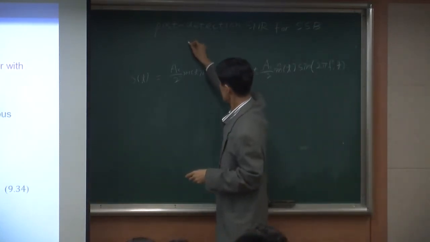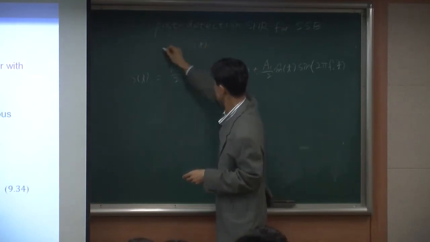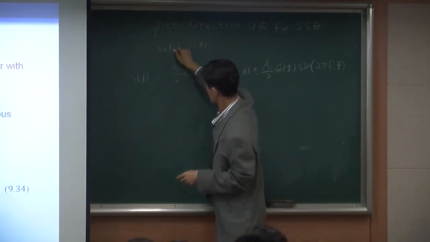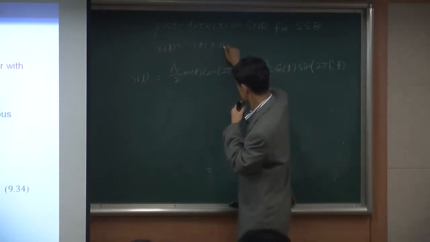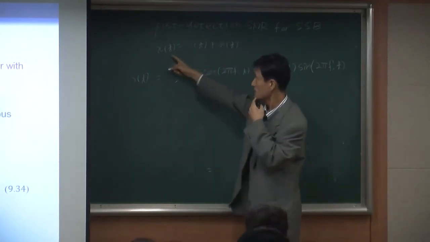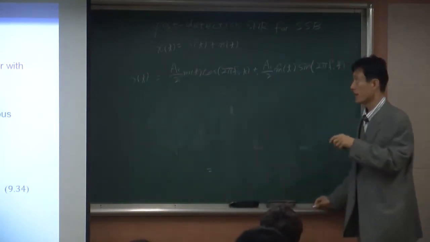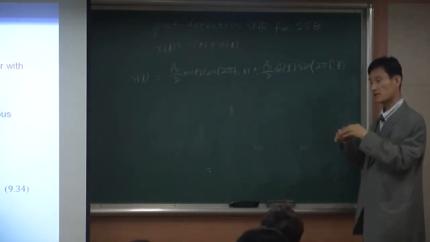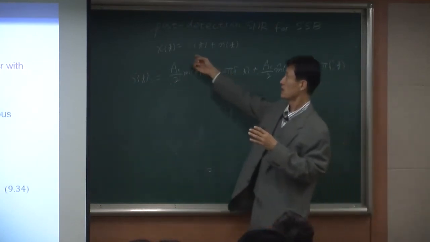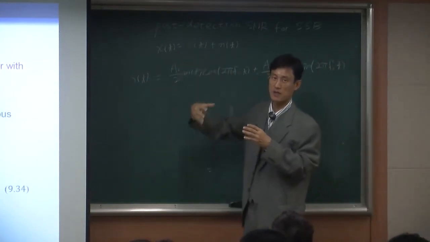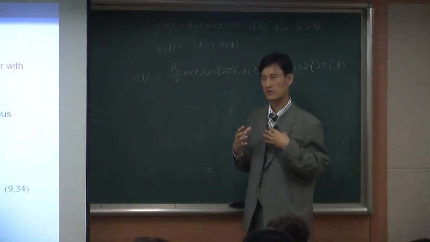In post-detection, first thing is we are going to get the x(t) equals to this one. What is x(t)? x(t) is the signal before the demodulator. So this is the input signal to the demodulator.